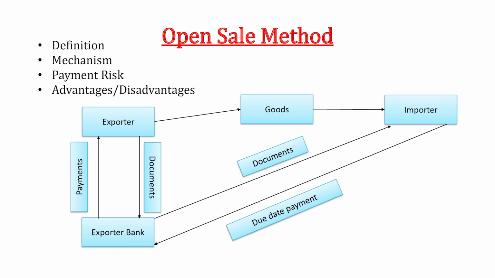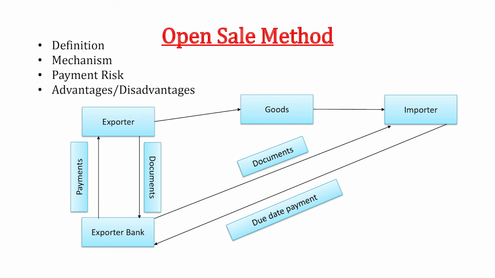But if you look at the various methods of payment used in the world, this is the most popular method of payment used in Europe, or whenever you approach any good buyer, he will demand this term.